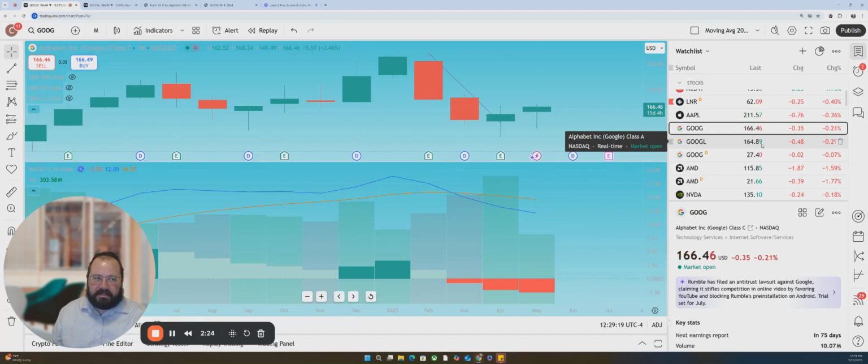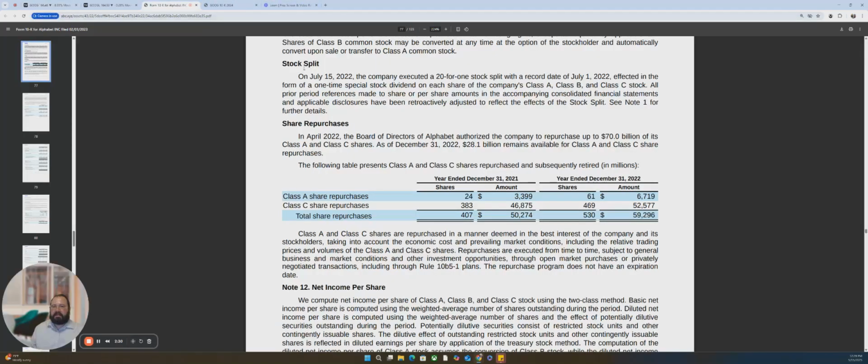So here is the real answer. I'm going to share with you the 10K, the annual forms that Alphabet, Google files, and we can look at this over the 4 years from 2021 to 2022, 2023, and 2024.